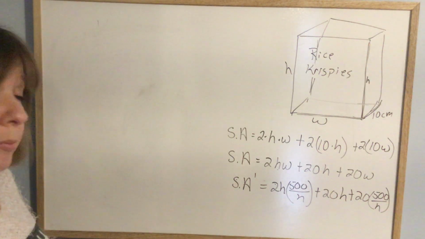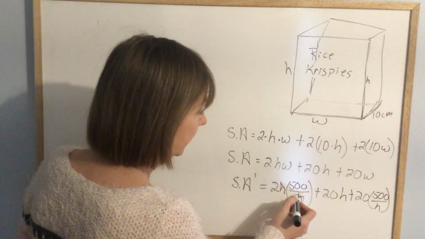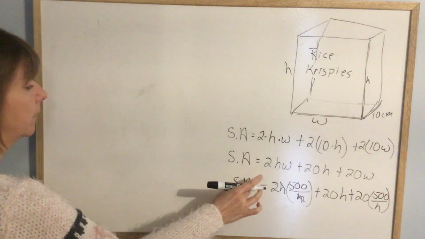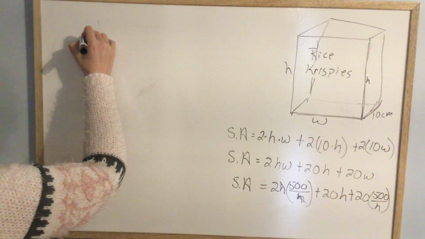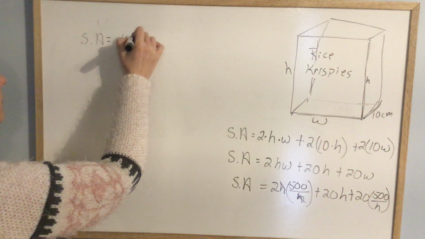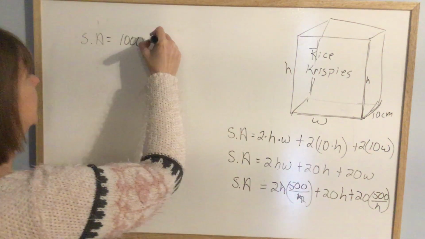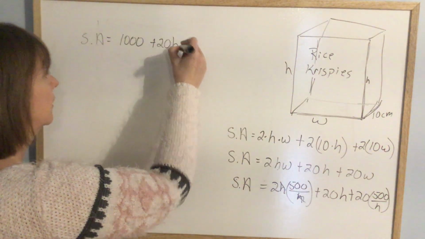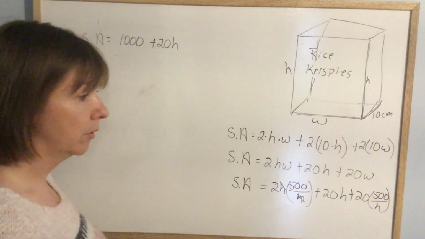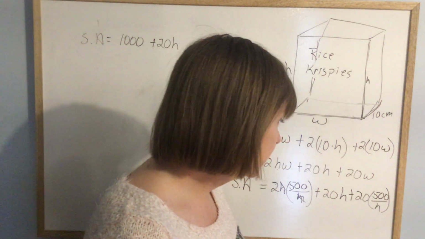So I'm going to simplify this side a little bit. Here in this piece, my H's would cancel and I would have 2 times 500, which is 1,000. And here I would have plus 20H. And here I would have 20 times 500, which would be what, like 10,000?